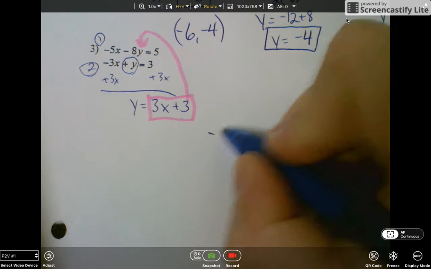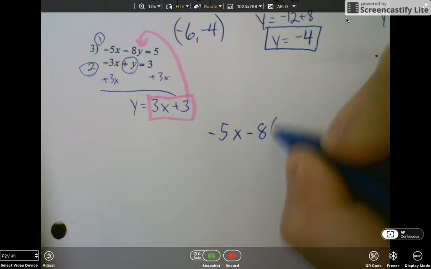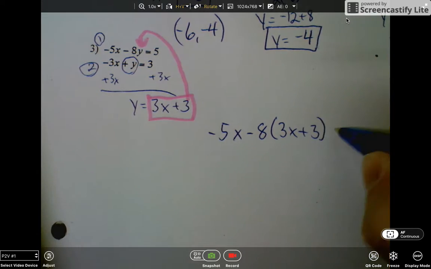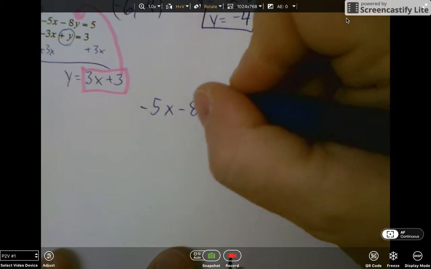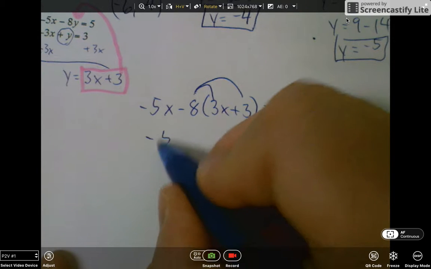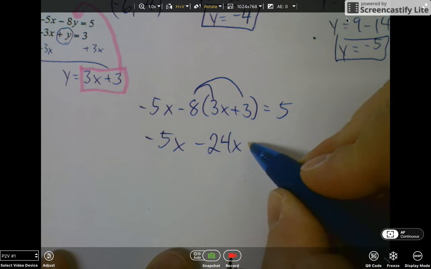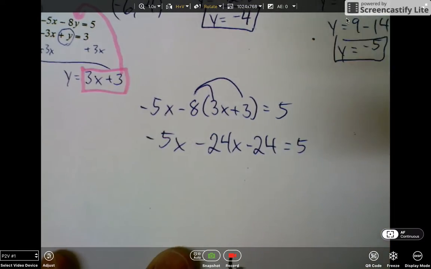So bear with me as I write this out. I'm left with negative 5x minus 8 parentheses. This is where I substitute 3x plus 3, equals 5. So now I solve this equation. Distribute: negative 5x minus 24x minus 24. Make sure the negative goes to both terms on the inside.